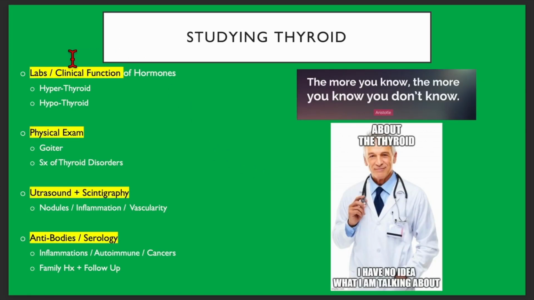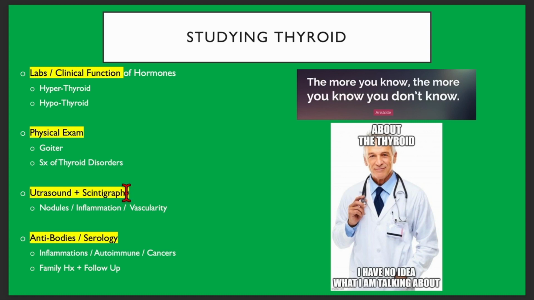The way you can study it as a revision when you're in clinical years: revise your hyperthyroid and hypothyroid, how they manifest, so clinical symptoms as well as how the labs will change. Then practice your physical exam, practice palpating the goiter, classification of goiter, and also try to find the signs and symptoms on the patients. Then practice your ultrasound and watch scintigraphy.